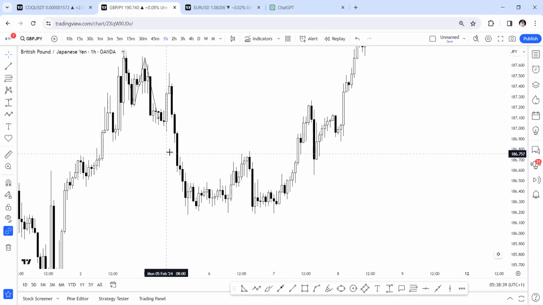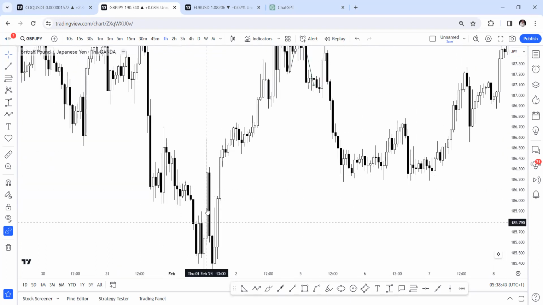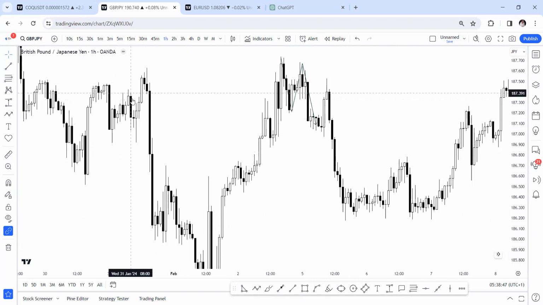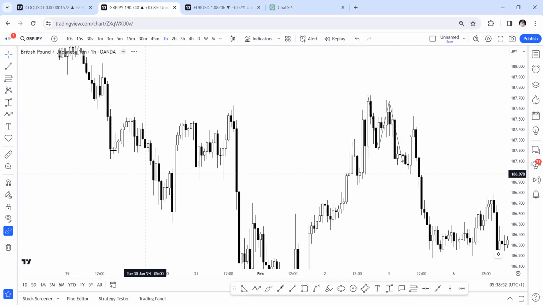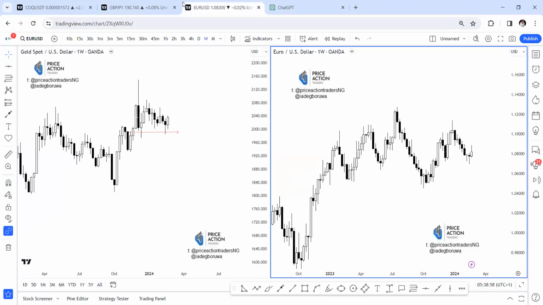This is a cycle, and the range is taken out and price moves down. This is a cycle and price moves upward. This is a cycle, and the range is taken out. So that's what we want to use.